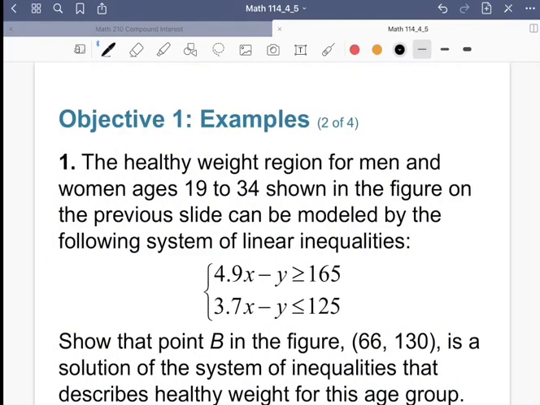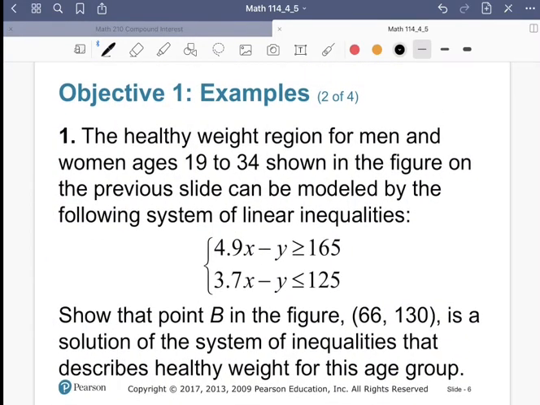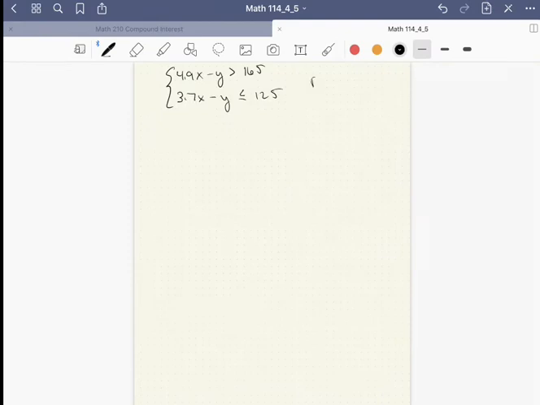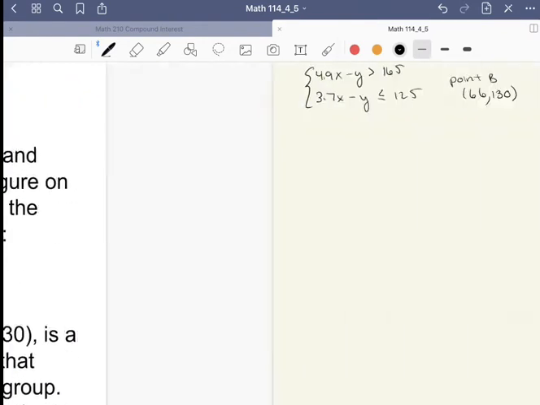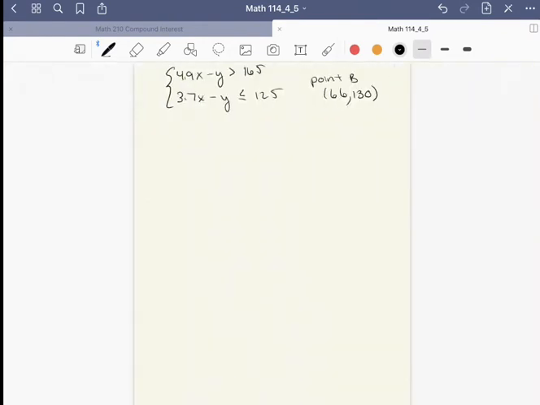What else did it say? Show that point B, which is (66, 130), is a solution. It wants to know if this would be correct.